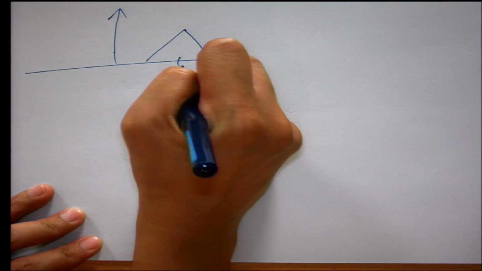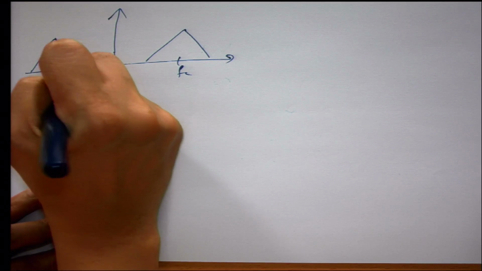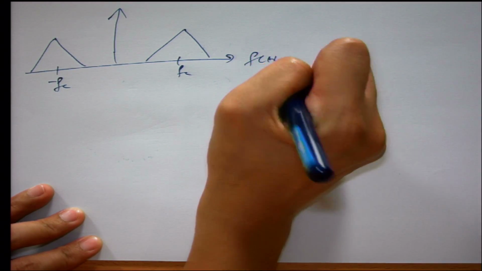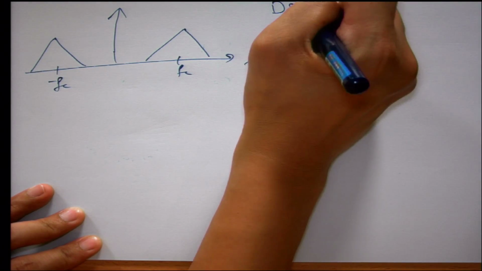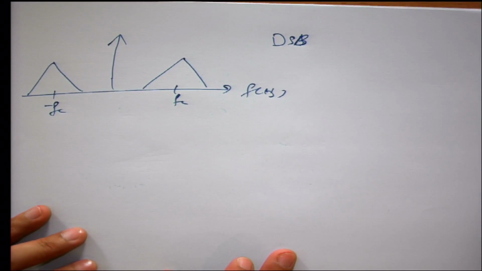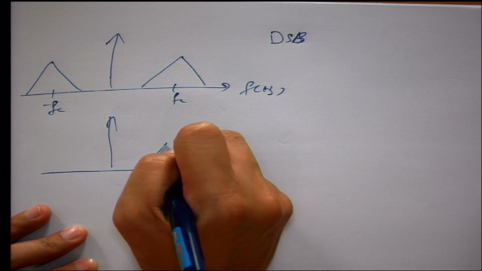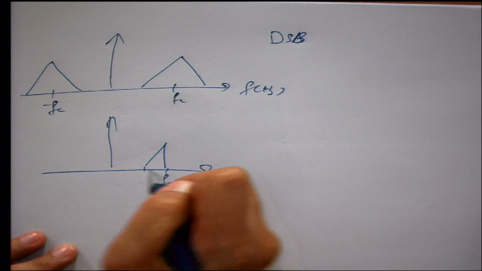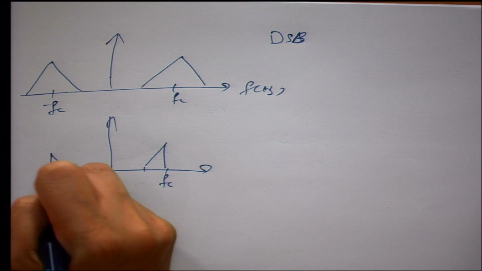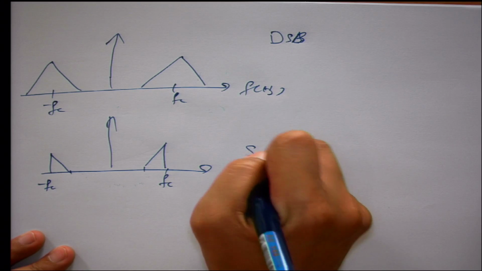If this is FC, with double sideband, you send like this. If you use single sideband, you will send something like this. This is single sideband.